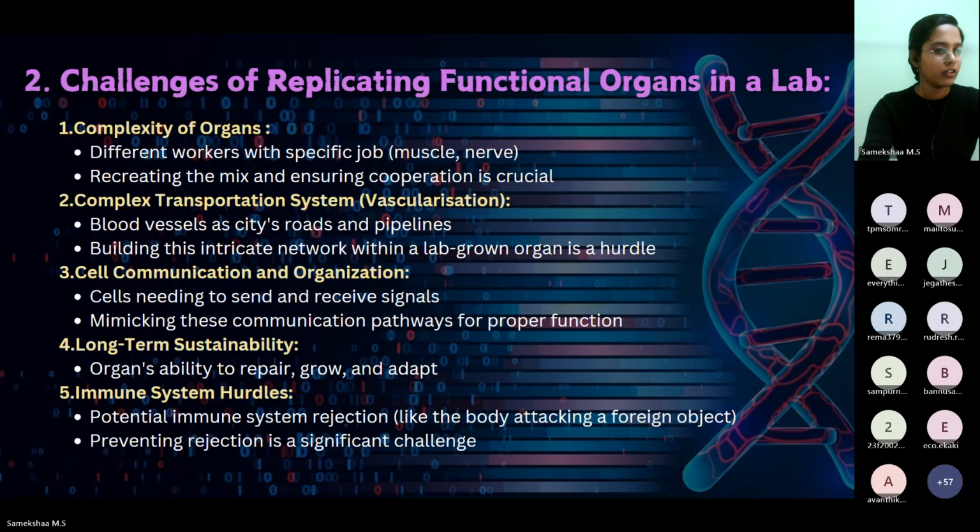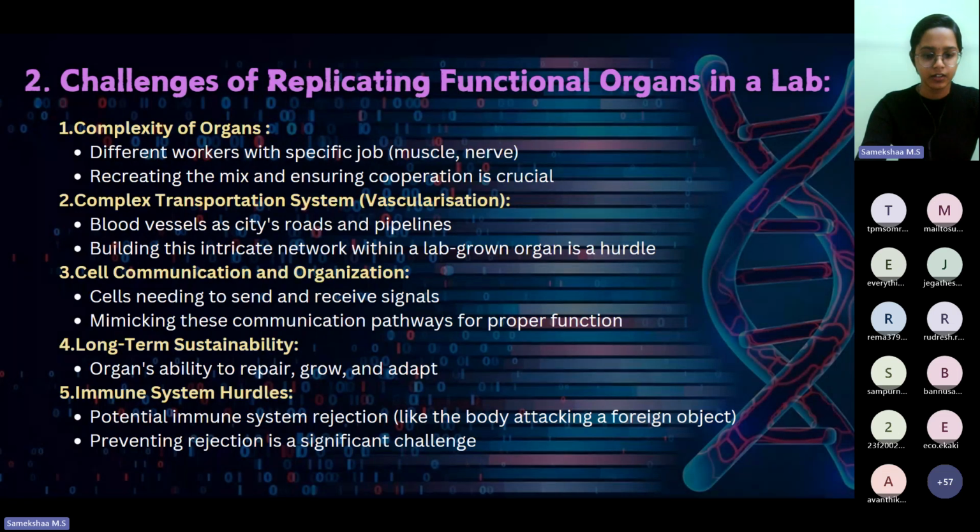So the next topic is, what are the challenges we face while replicating a functional organ in a lab? The first one is the complexity of the organs. So the analogy is like the workers analogy, which we discussed in the last session as well. So there are, let's say, for creating a building, there are different workers, right?